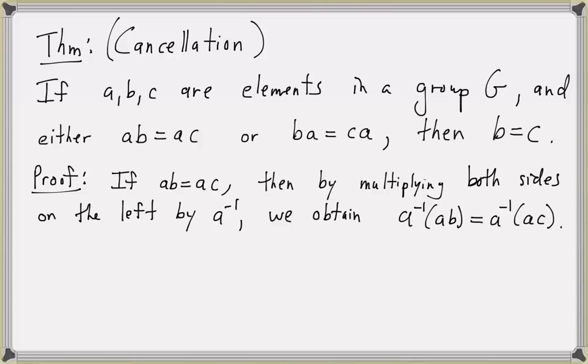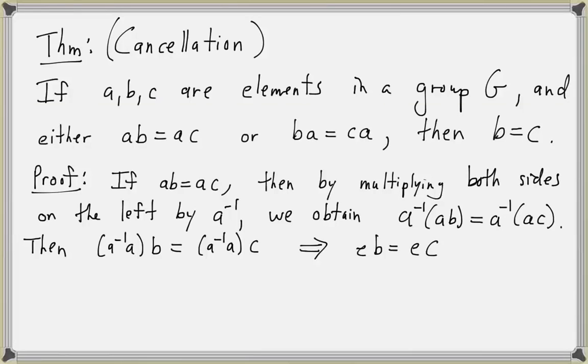Then by the associativity of group G, we have A inverse A times B equals the quantity A inverse A times C, which implies the identity times B equals the identity times C, and by definition of the identity, we can conclude that B equals C. So this establishes the left cancellation rule. The proof of the right cancellation is similar.